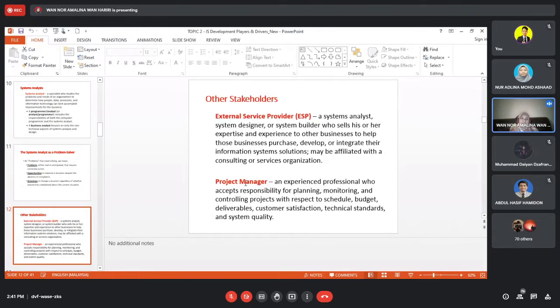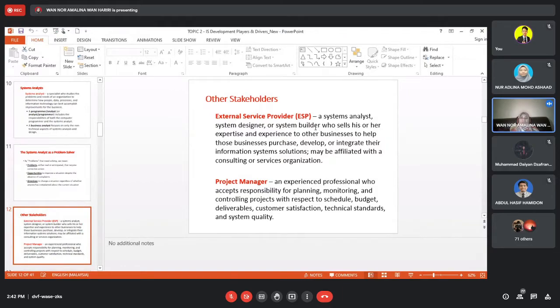Now, besides the stakeholders that we have mentioned before, there are also other stakeholders, for instance, the external service provider and also the project manager. An external service provider can be a system designer or system builder who sells his or her expertise or experience to other businesses.